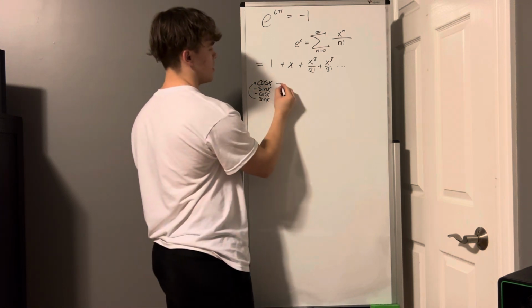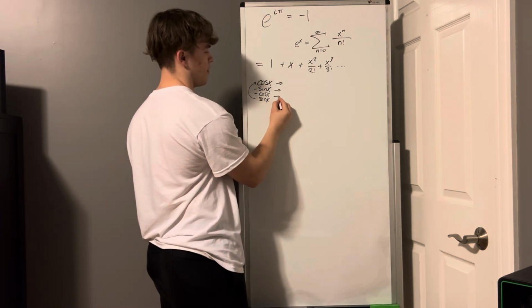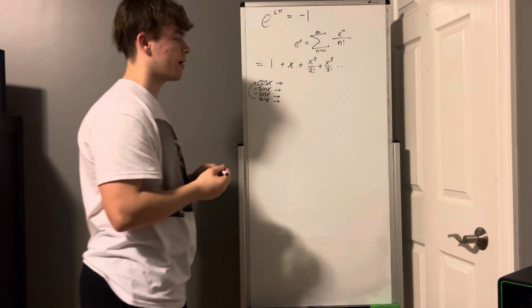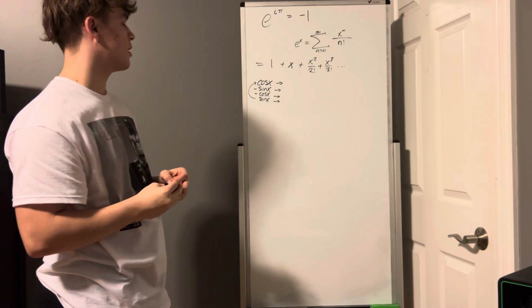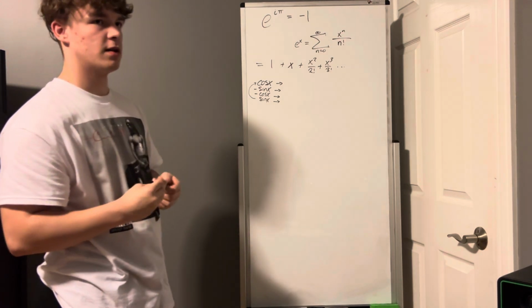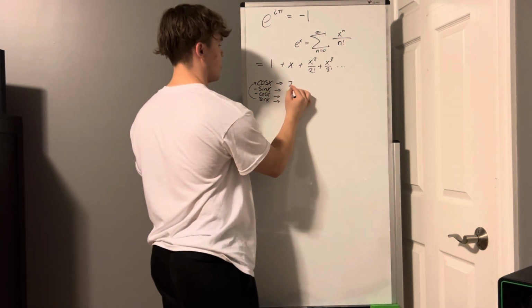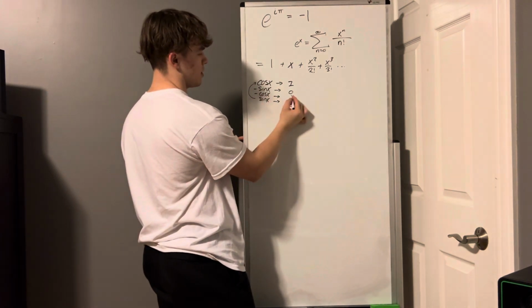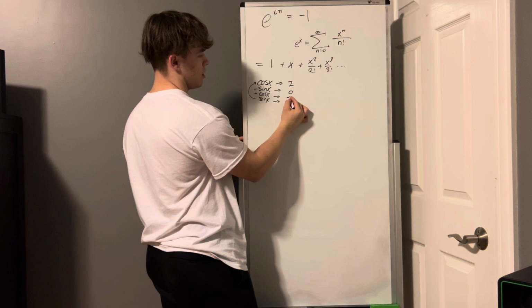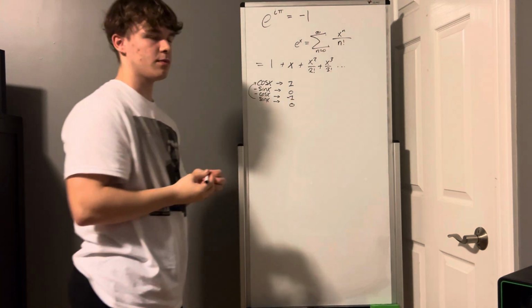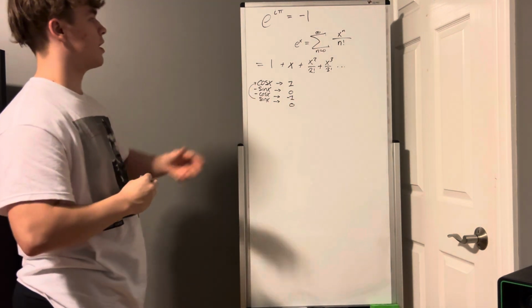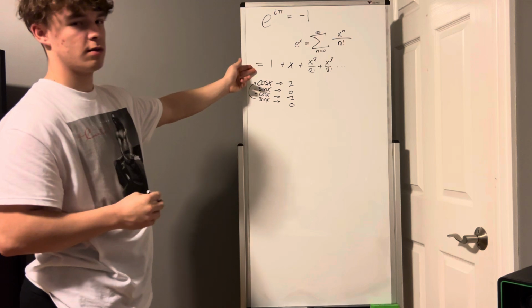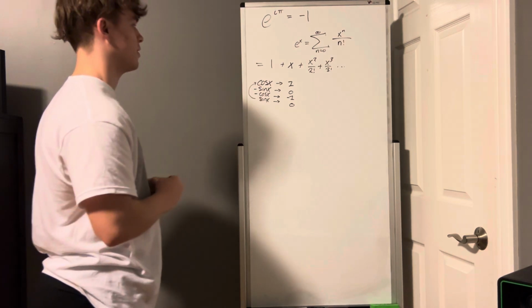Let's evaluate these all at 0. What are we going to get? Well, cos of x evaluated at 0 is 1. Any sine at 0 is 0. And negative cos x at 0 is just negative 1. So we're going to have a very similar Taylor series for this.